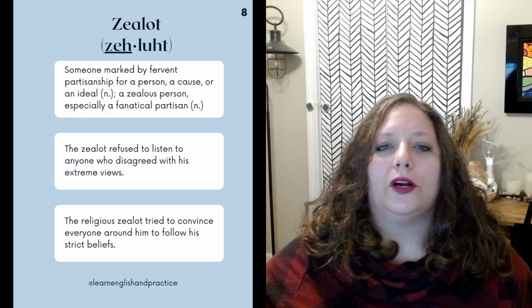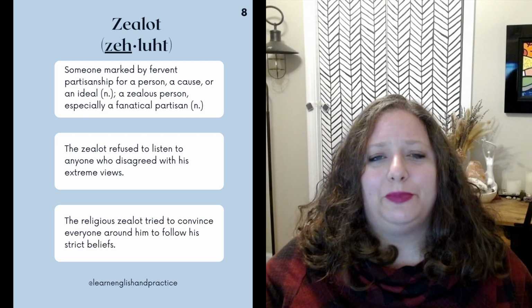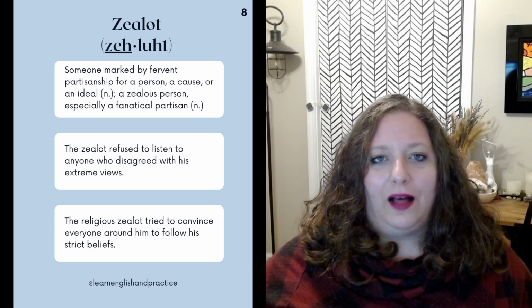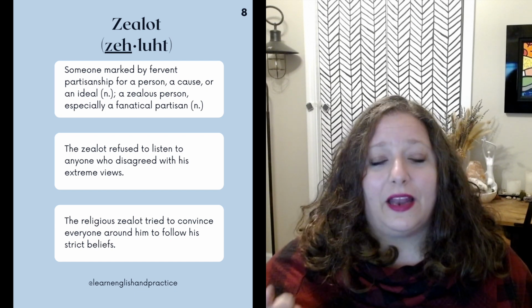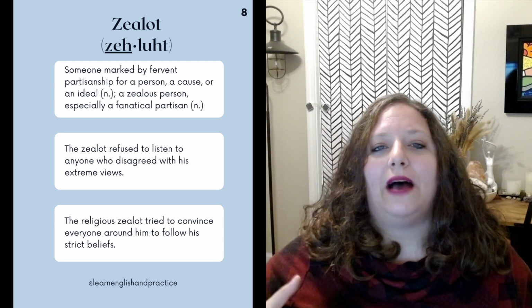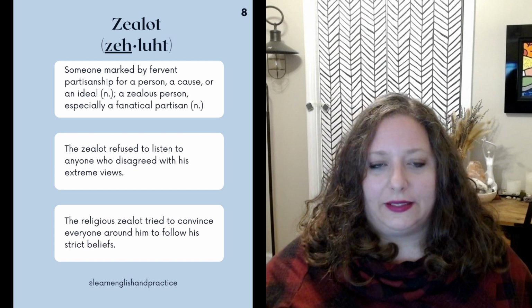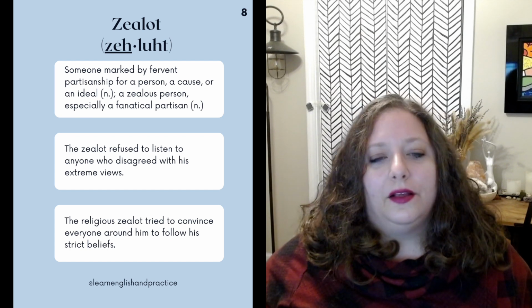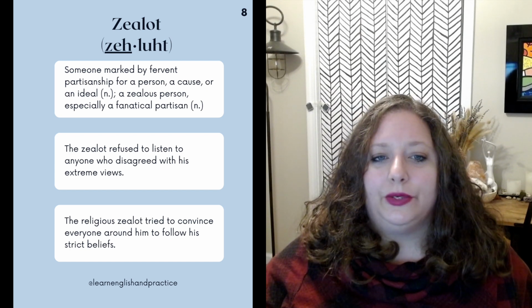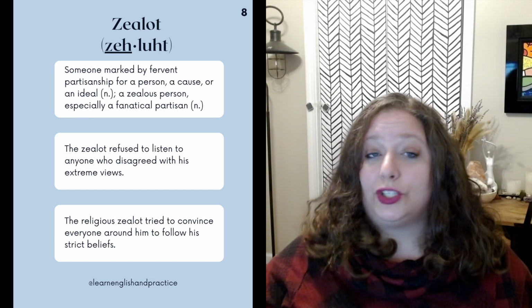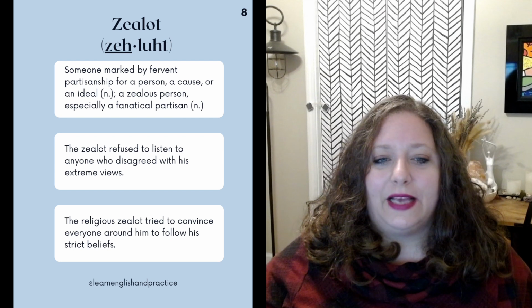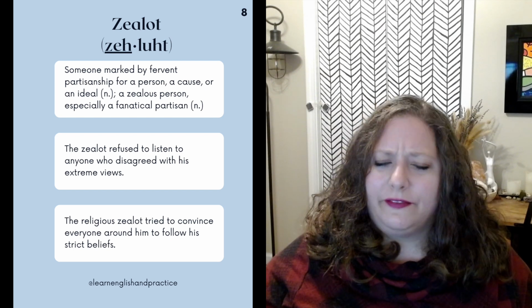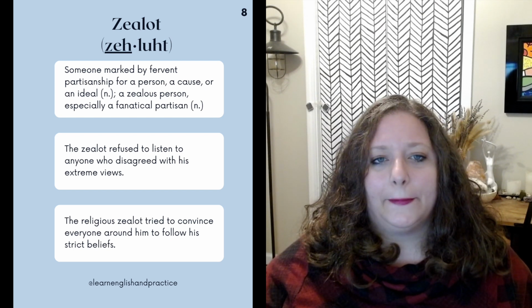So those people who are so extreme in their religious beliefs that they'll march around college campuses with signs that are designed to offend and upset people would definitely be considered zealots. Examples are, the zealot refused to listen to anyone who disagreed with his extreme views. The religious zealot tried to convince everyone around him to follow his strict beliefs.